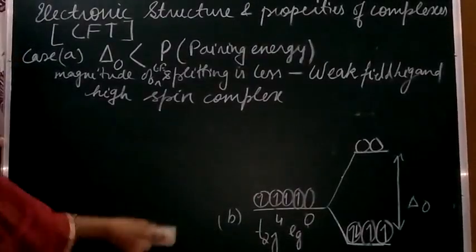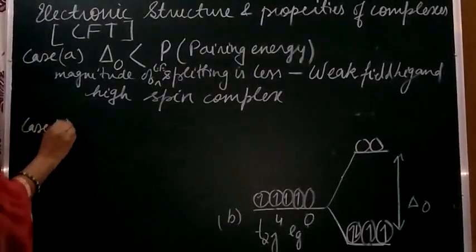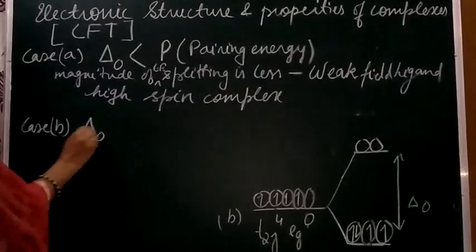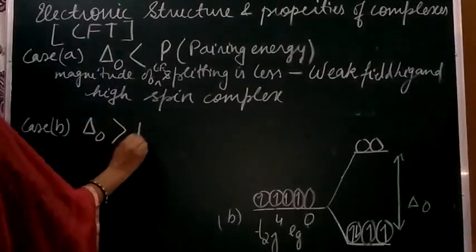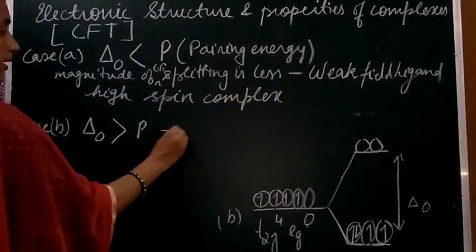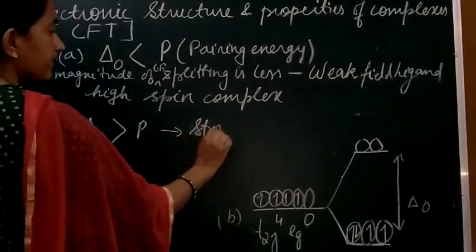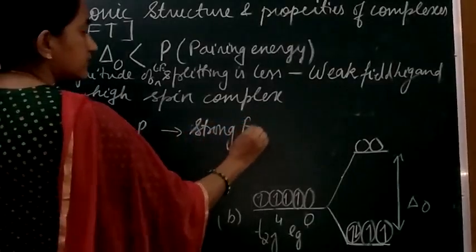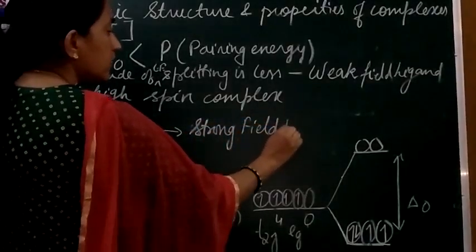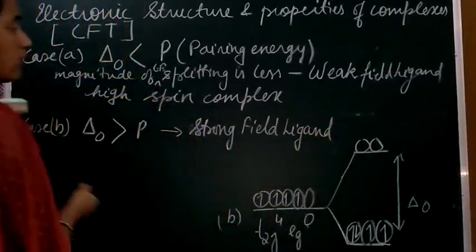Now case B, here you can see that the magnitude of delta naught is greater than P. So it is caused by a strong field ligand.